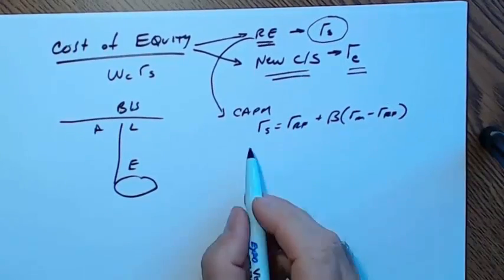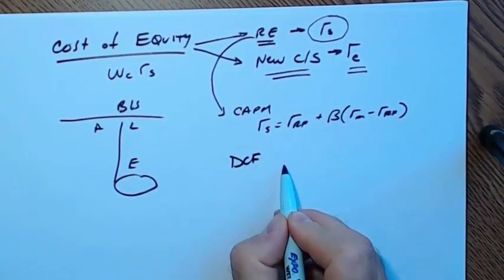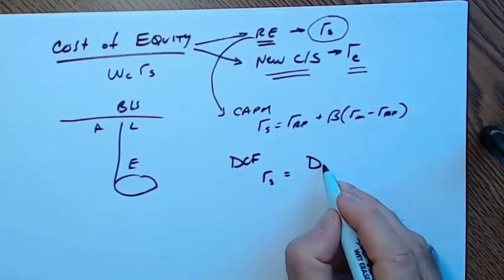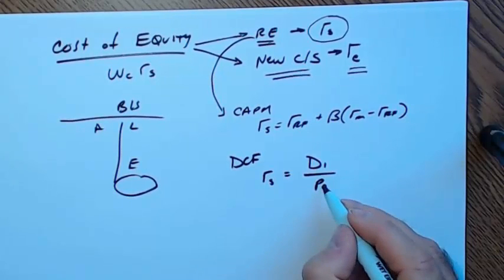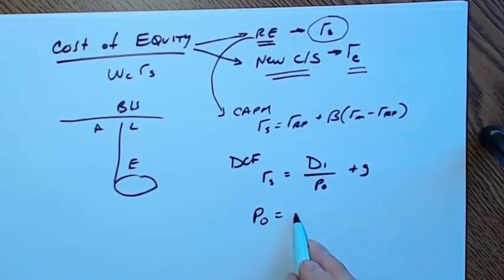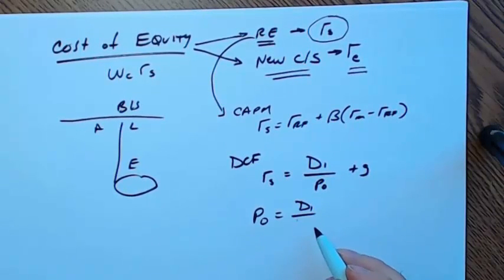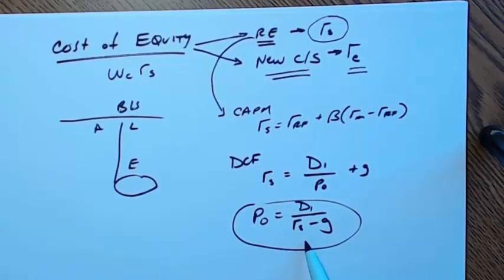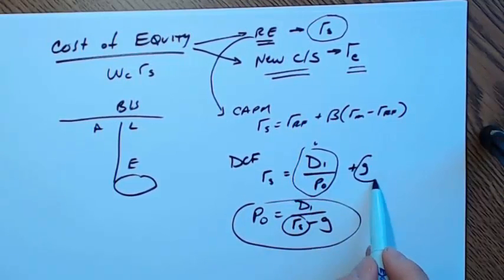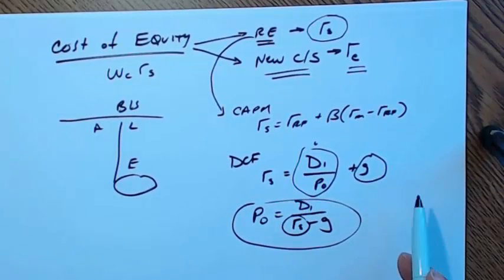There's the discounted cash flow method, which we saw in the previous chapter, where RS equals the dividend next period divided by the price today plus G, which is nothing but a rewrite of the constant dividend discount formula, where you value a stock. We just solve for RS. And so RS equals the dividend yield, plus the capital gains, the growth rate in dividends forever.